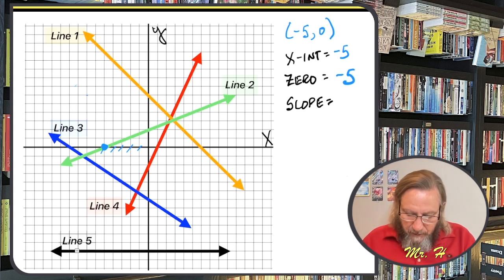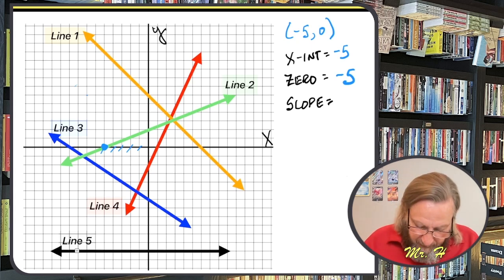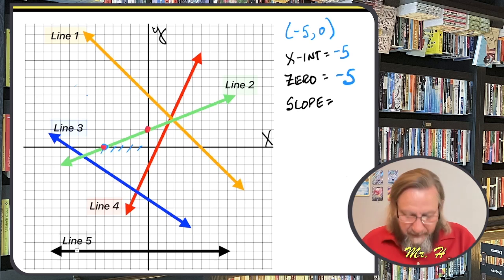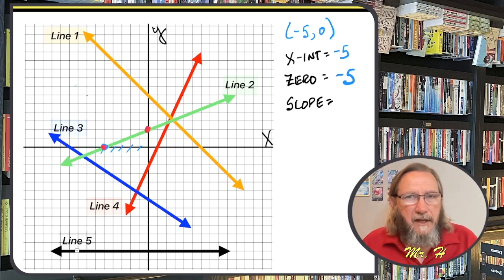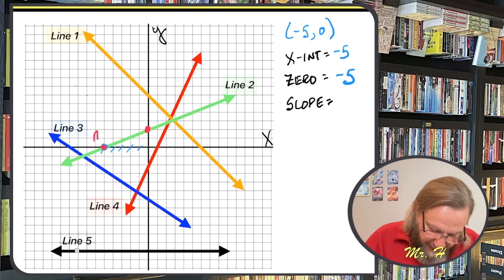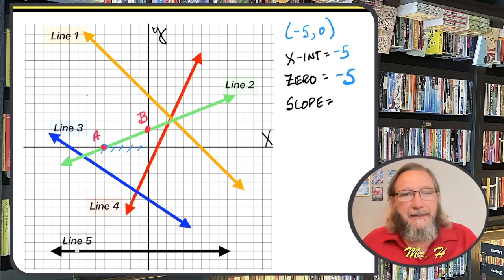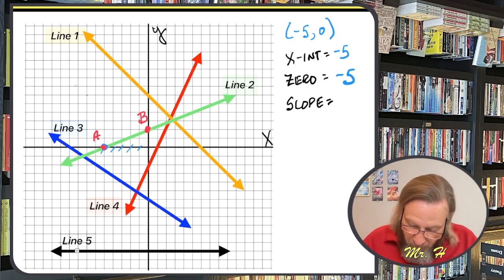Last question on the green line, we're wanting to discover the slope. And so we'll again look for points that are directly on a crosshair, a good, easy name to select. We're going to let this point be A and this point be B, okay? And we're going to evaluate the change in y. Remember, that's delta y.